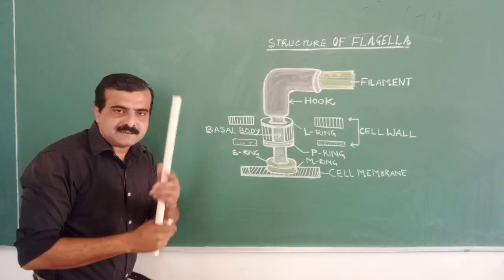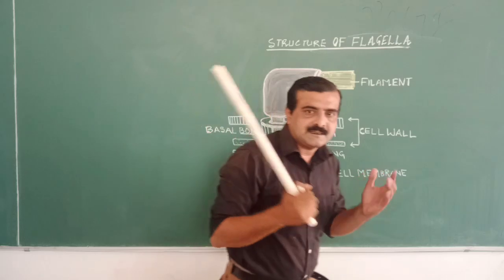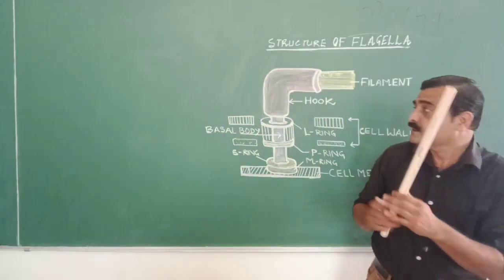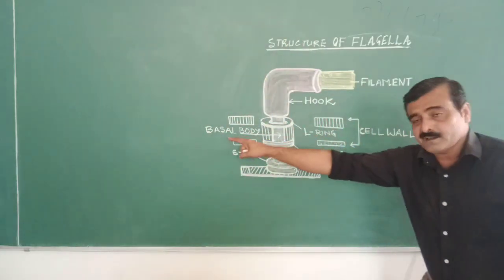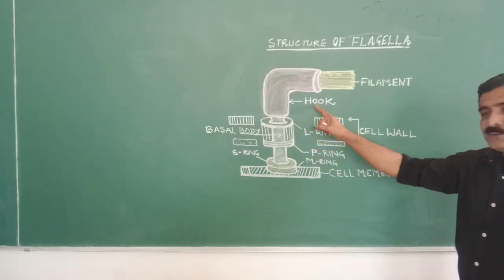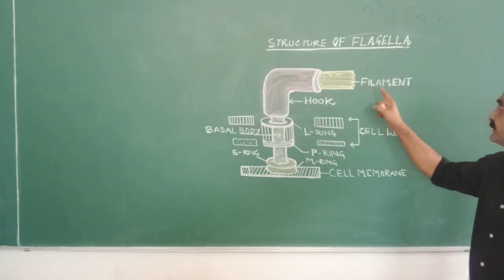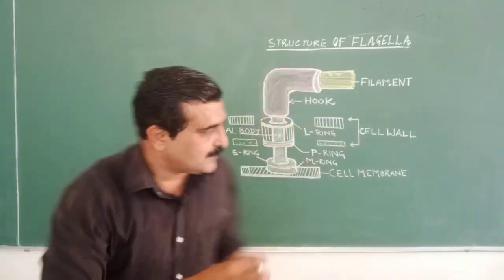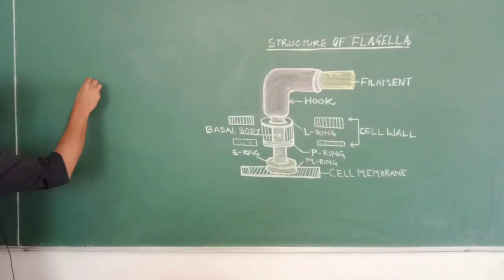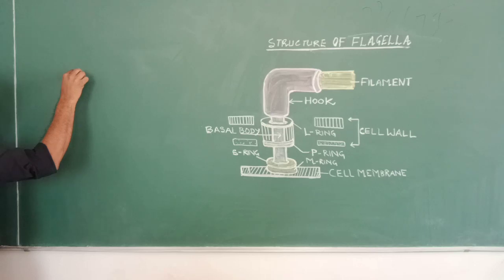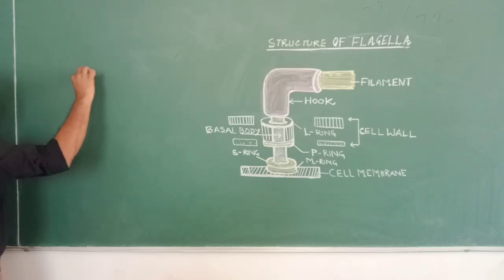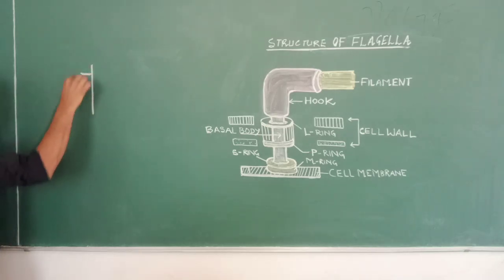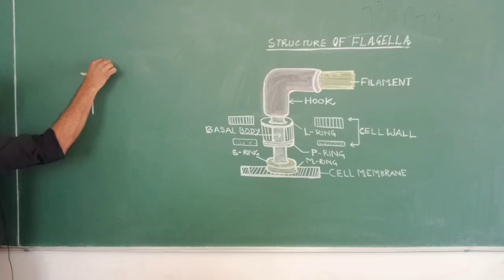So what are the three parts of the bacterial flagella? Number one, basal body. Number two, hook. Number three, filament. Okay. Now there are three parts. Means that a flagellum consists of three parts. Number one is basal body.